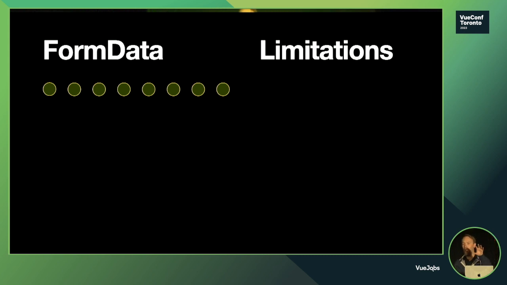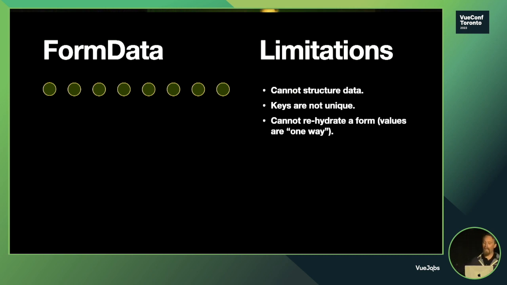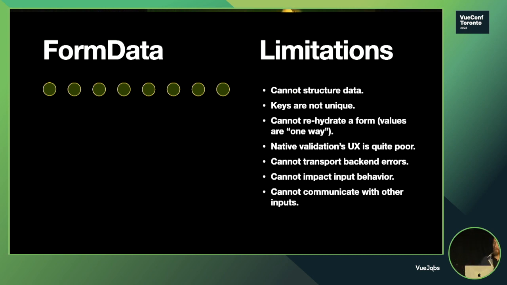It does a good job of saying somewhere down inside of there is my data, but it does a bad job at a lot of other stuff. For example, you can't structure anything. Everything's always flat. The keys for them are not unique. So like if you have a name key, you can have 7 names in the same thing, and there's no conflict resolution. You can't rehydrate a form. You can't fill the form back out, repopulate it using form data. So you have to somehow put that data deeply down inside of there.